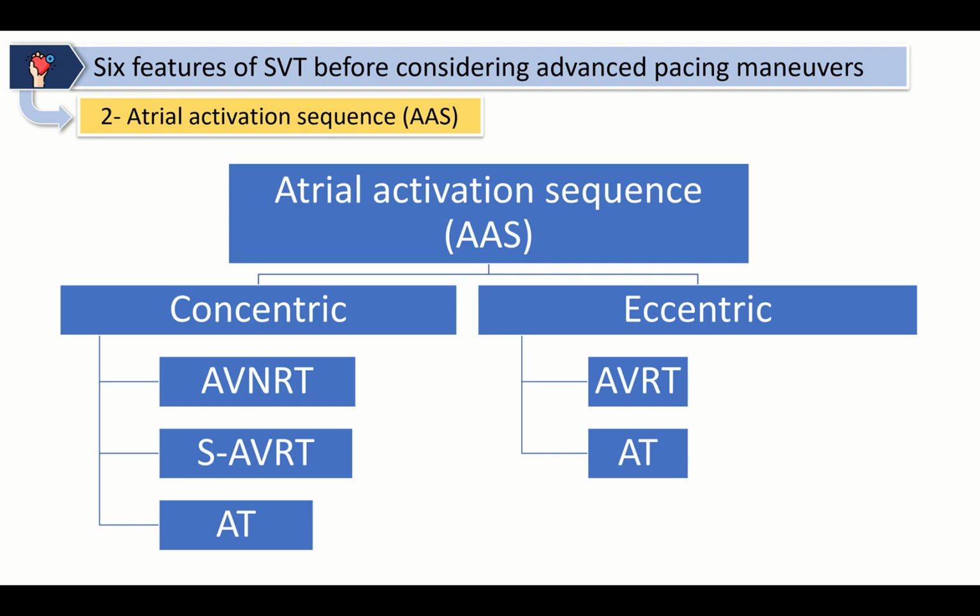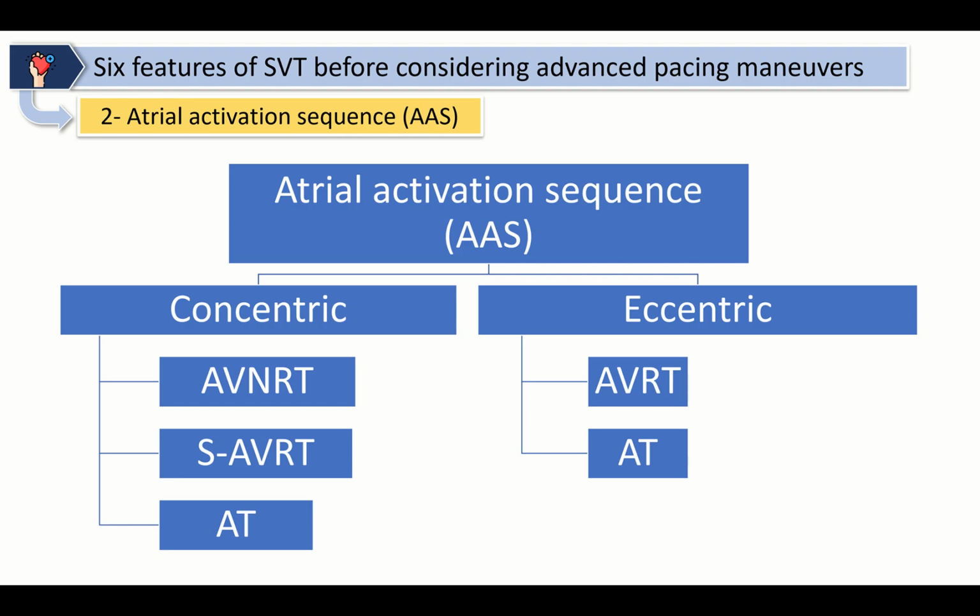Next golden rule of SVT assessment, which is atrial activation sequence. If it's concentric, AVNRT is likely, or AVRT using a septal accessory pathway, or septal atrial tachycardia. Eccentric atrial activation, where the earliest retrograde A may be at distal CS or high right atrium, AVRT is likely using a lateral accessory pathway, or atrial tachycardia.